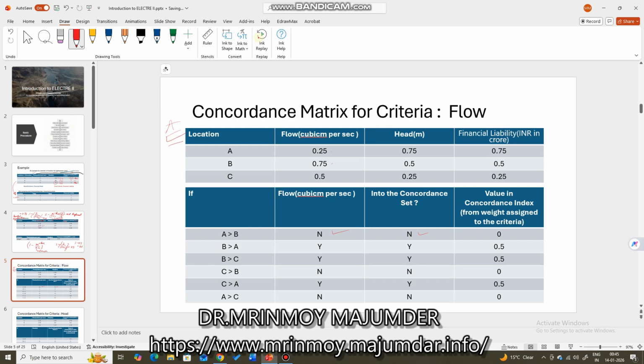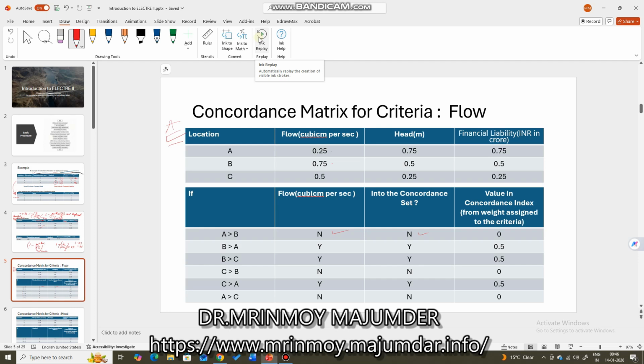The value in the concordance index, I will explain. If A or any variable outranks another variable with respect to a criterion, then the criteria weight gets the membership, or is included in the concordance index.